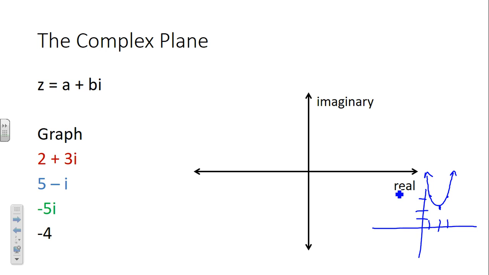But if this is my vertex, I've moved 2 to the right, right? So x with 2, but what happens with the sign? Minus, because I moved to the right, right? And I'm 2 up. So if this is my equation, y equals x minus 2 squared plus 2, okay? Opening up, vertex is at 2, 2.